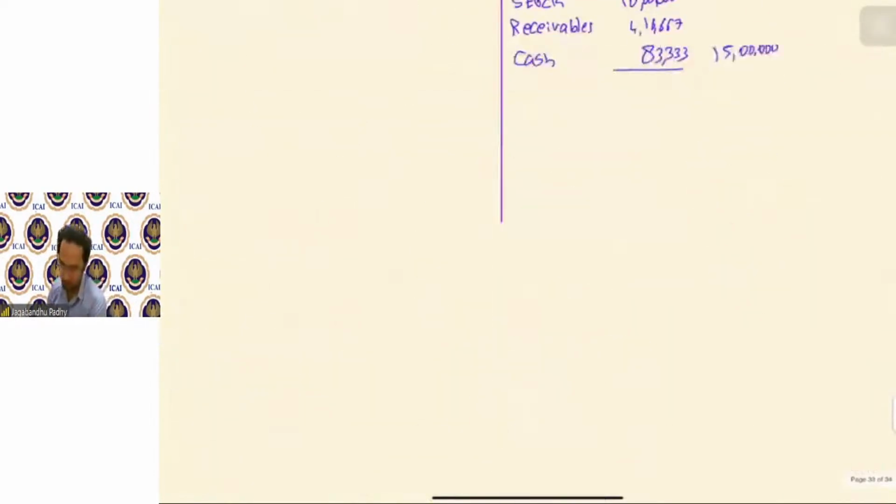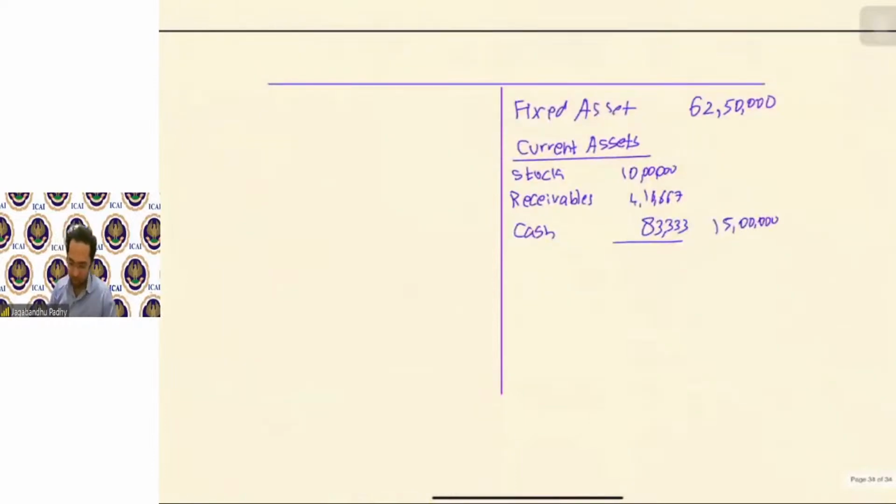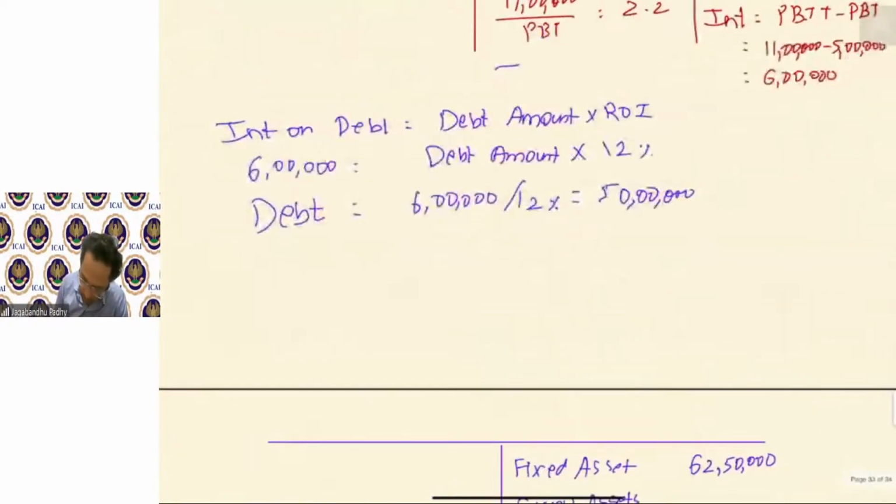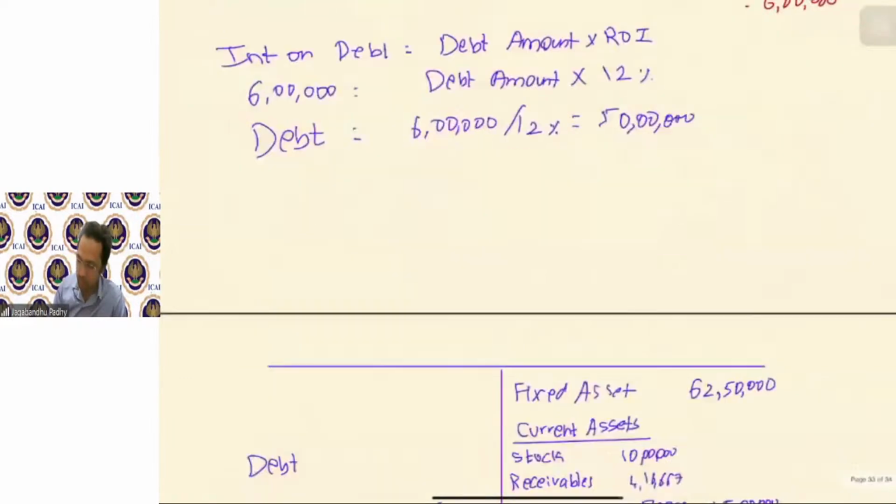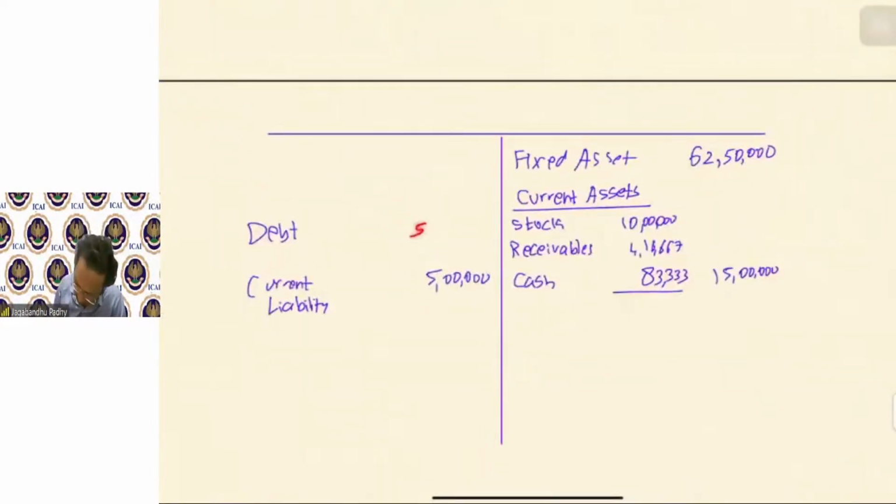Now coming to the liability side, we have the current liability. Current liability, we have computed it as 5 lakh. Long-term debt is what we have computed just now as 50 lakhs. And then we have the equity, which is a combination of share capital and reserves.